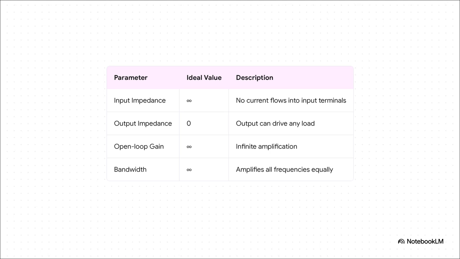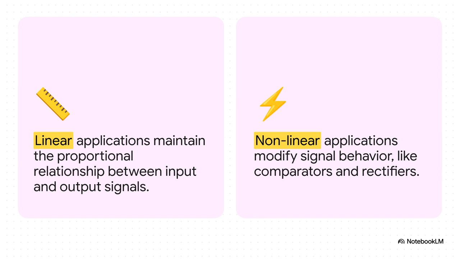And zero output impedance? That means it can drive any load you throw at it perfectly. And then there's infinite gain, a basically limitless power to amplify. Now, of course, no real op-amp is actually perfect, but this ideal model is absolutely key to understanding what it's built to do.